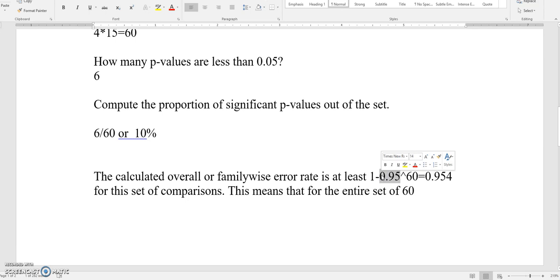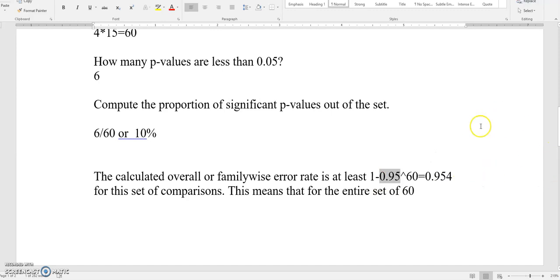So if we want at least 1 error in a set of 60 inferences, we need to take that 0.95 and say, okay, the probability of no errors would be 0.95 to the 60th. And 1 minus that would give you the complement to all questions, or all associations or p-values being correct, or all tests being correct. And so 1 minus that gives you the result that at least 1 is incorrect, okay?